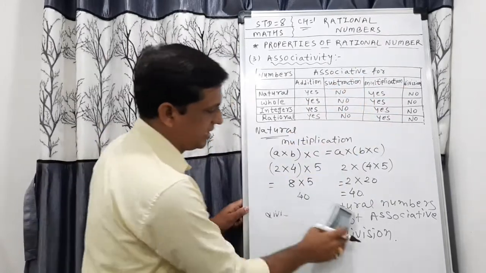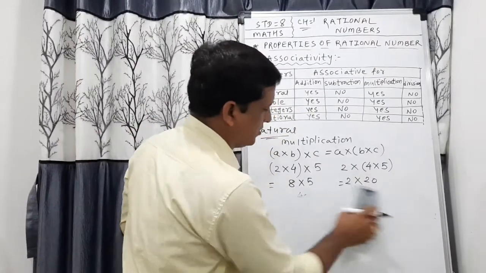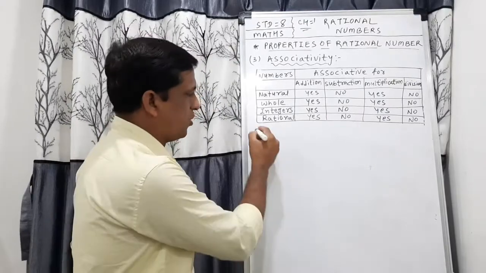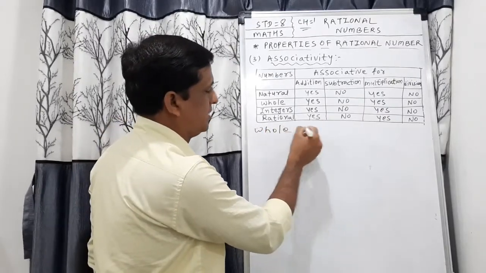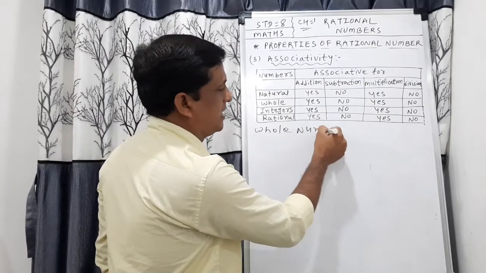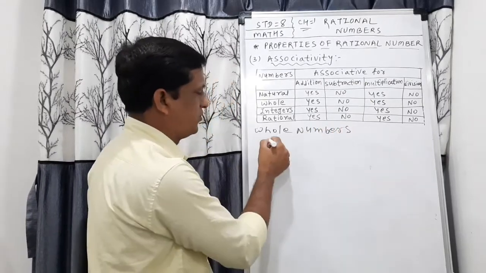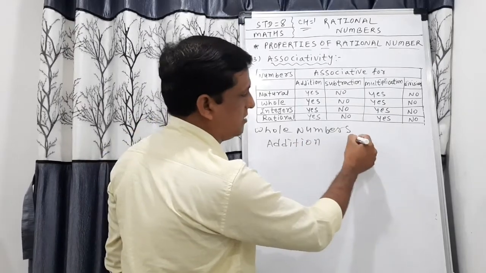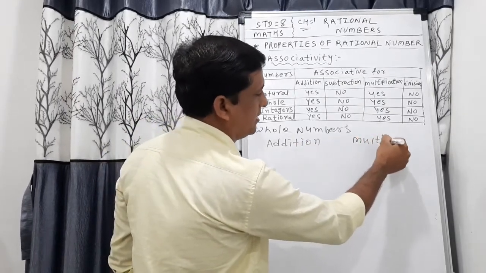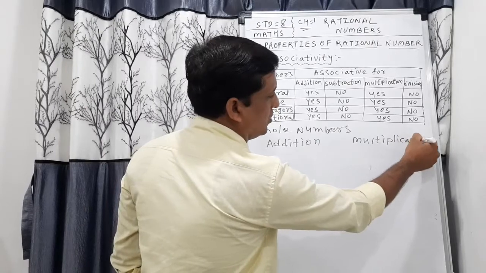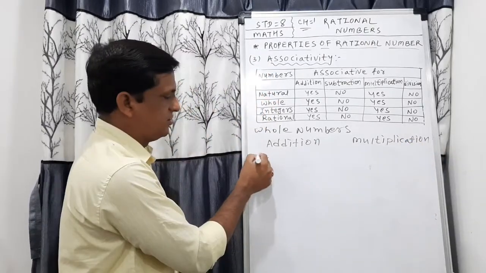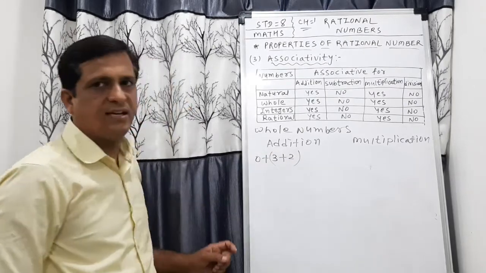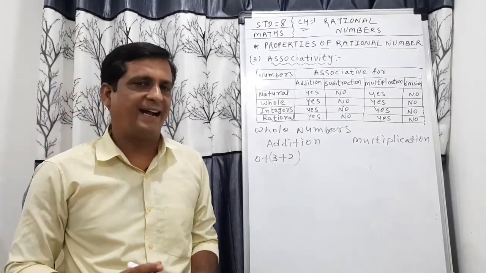Now we are talking about whole numbers. The same thing is there for whole numbers also. Whole numbers are associative for addition and multiplication. For example, (0 + 3) + 2, we are taking three whole numbers, 0, 3 and 2.